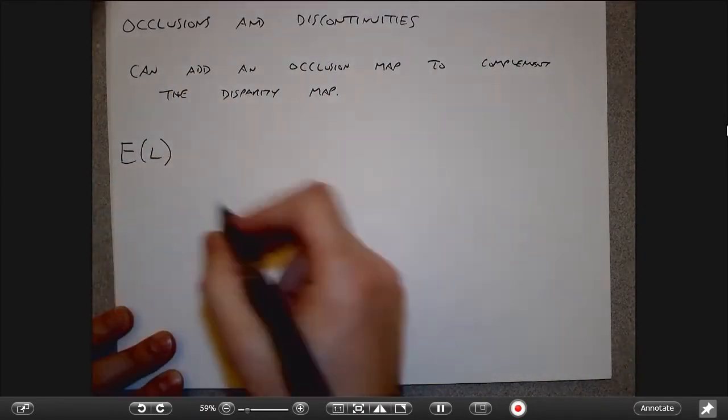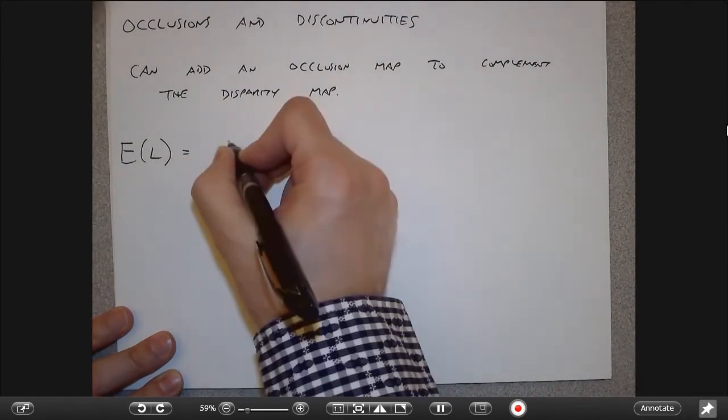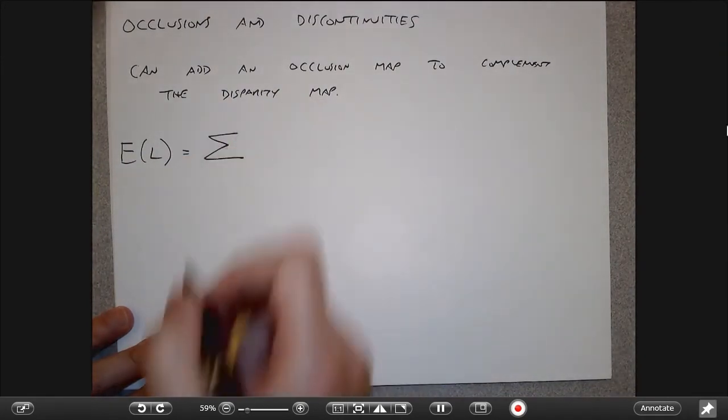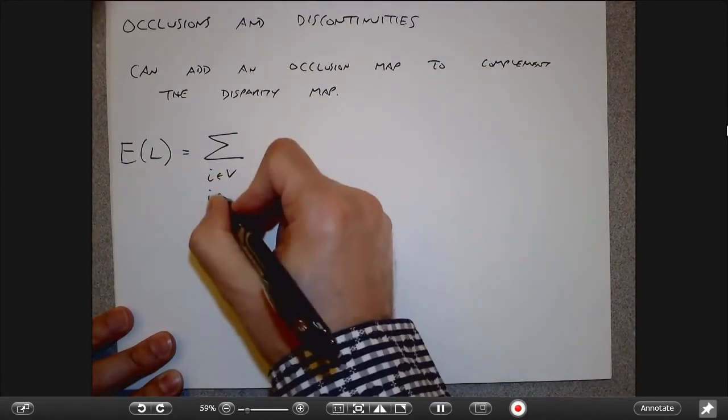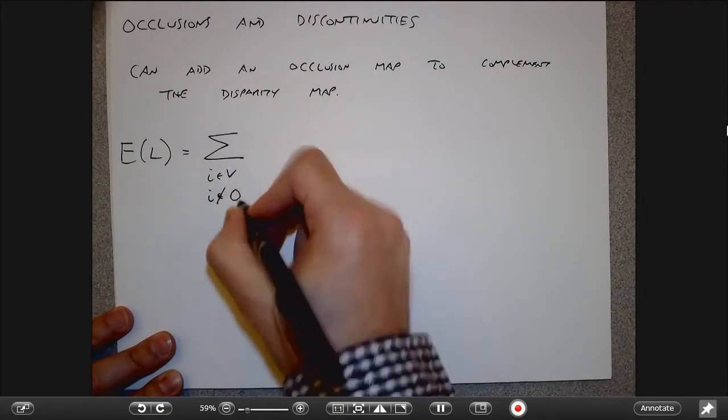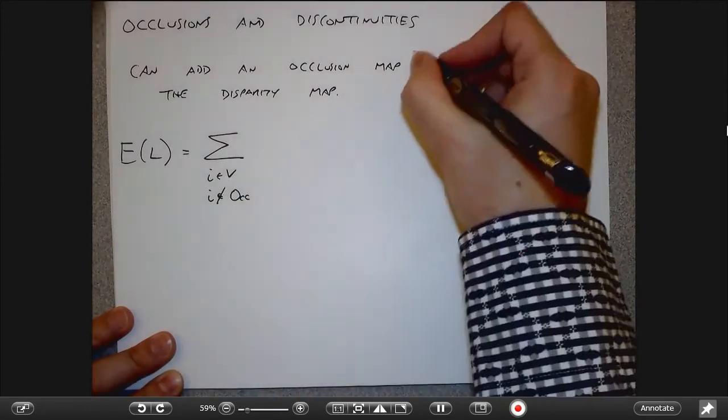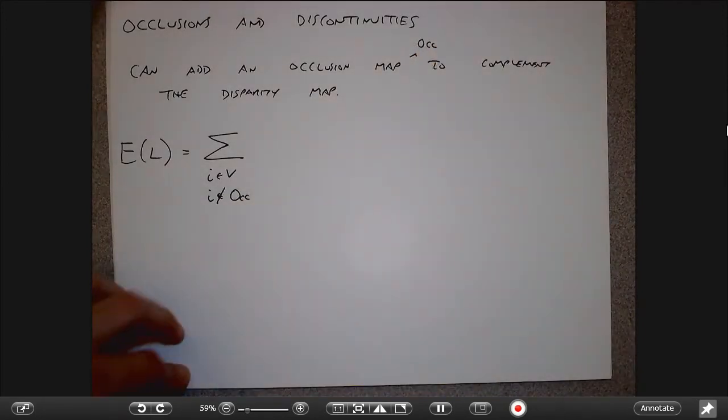So basically my energy of a given labeling looks at all the pixels in the image that are not occluded. I'm going to build a little binary occlusion map that says every pixel is either occluded, the map is 1, or it's not occluded, the map is 0.